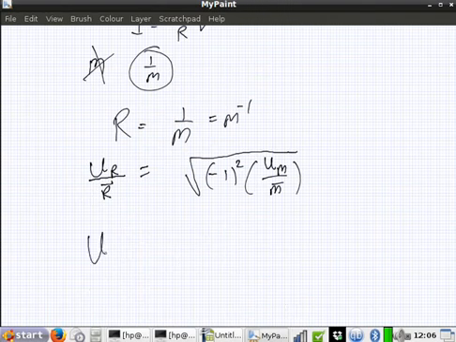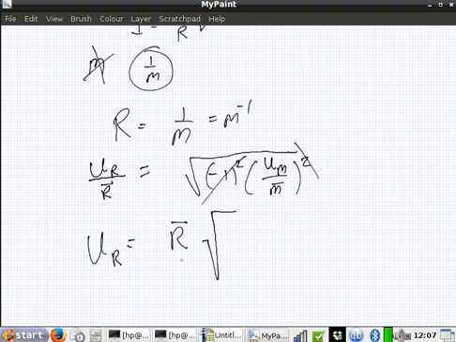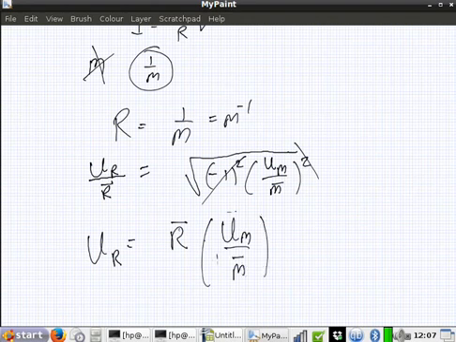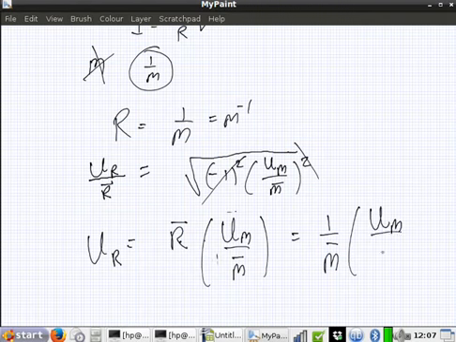So we have uncertainty for R equals R, and then the square root, oh sorry, it's a square here, so that goes as well. Uncertainty for m over m here. What did I say R equals? 1 over m. So then this becomes 1 over m times uncertainty for m over m.